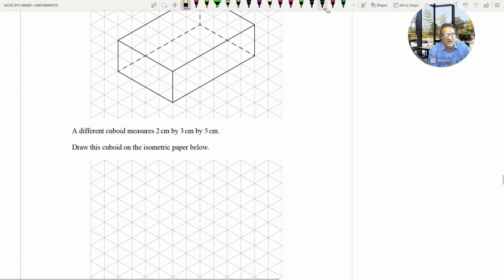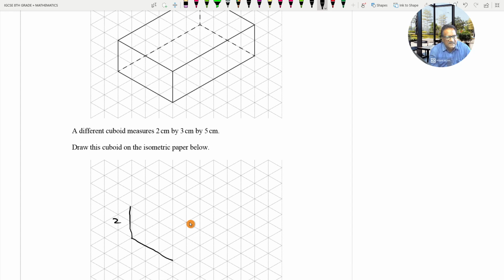So how I got the answer: the height is 2 centimeter. This is 2, right? So I'll start from somewhere from here and I'll go 2 blocks vertical. This is my 2. Now 3 blocks. 3 blocks is this width. So I'll go 3 blocks this way, 1, 2 and then 3.